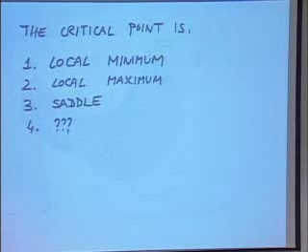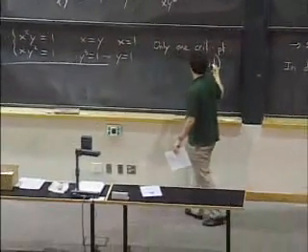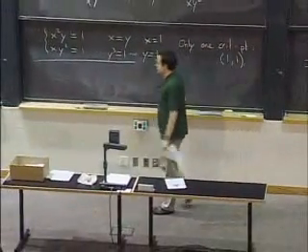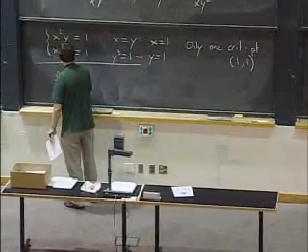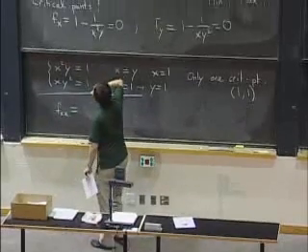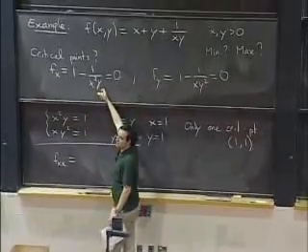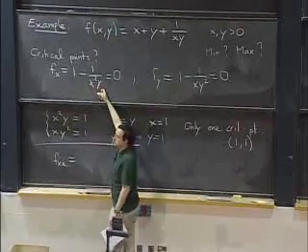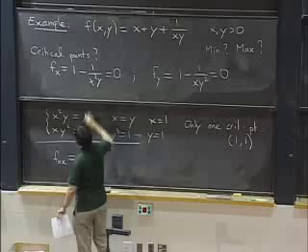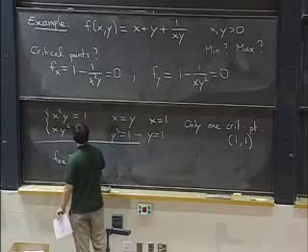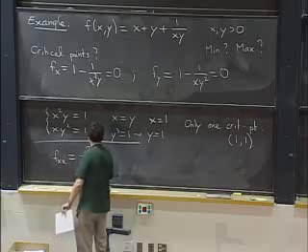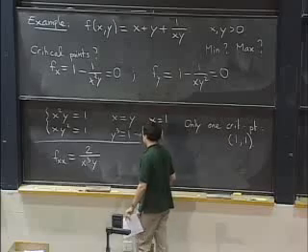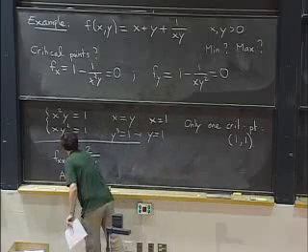Okay, so let's see. To figure out what type of point it is, we should compute the second partial derivatives. Okay? So f sub xx is, what do we get when we take the derivative of this with respect to x? 2 over x cubed y. Okay? So at our point, a will be 2.